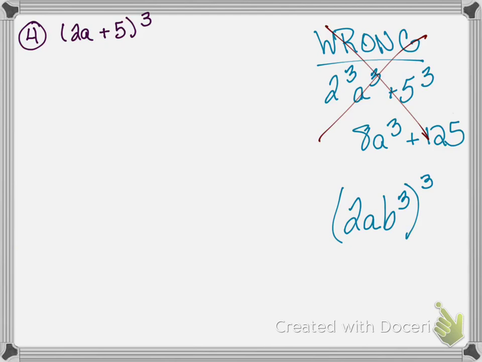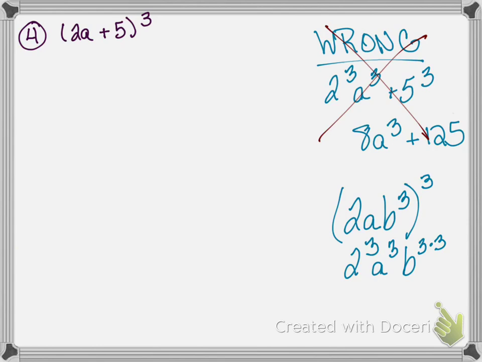I would say 2 to the third, a to the third, and b to the 3 times 3. That's what I would do. What is the difference between 2ab to the third? What operations are happening there versus what operations are happening in 2a plus 5 to the third? Multiplication versus addition. Absolutely, you're 100% correct.